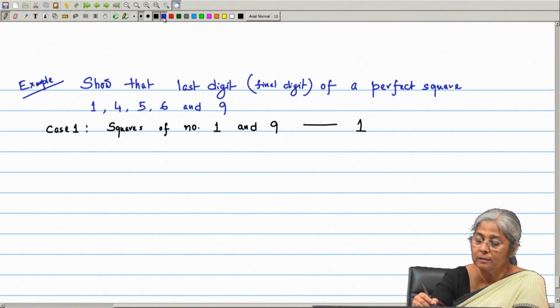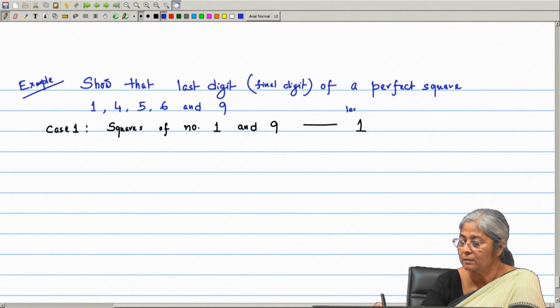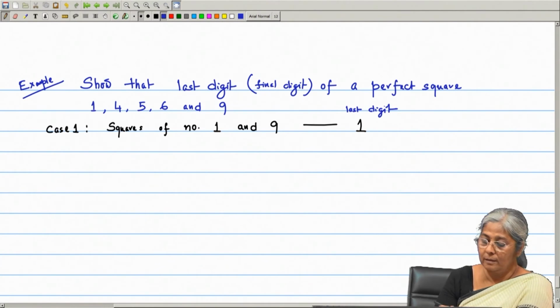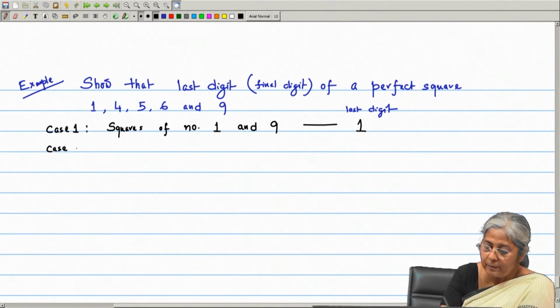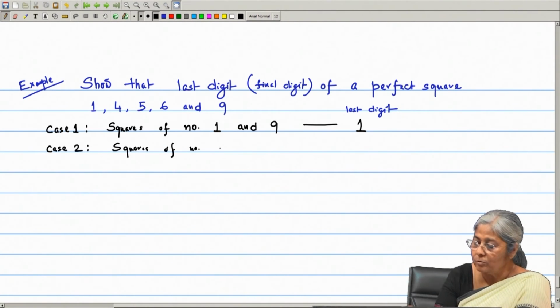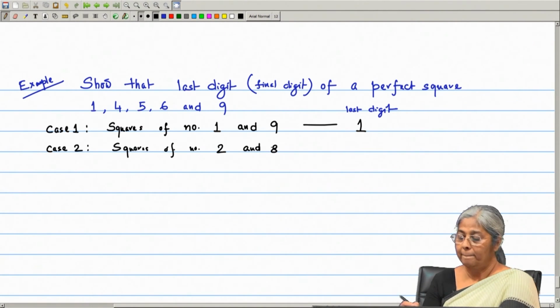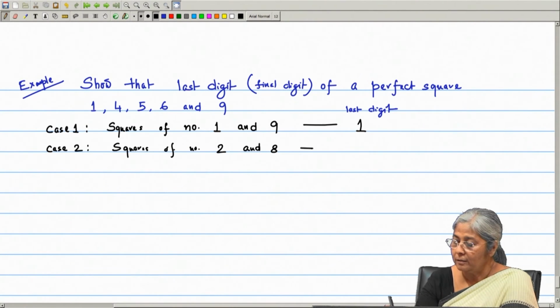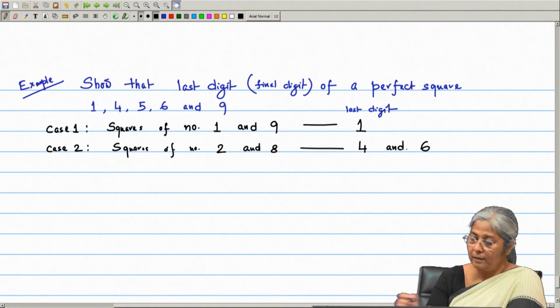Now, case 2, the squares of numbers 2 and 8, the last digit will be 4.